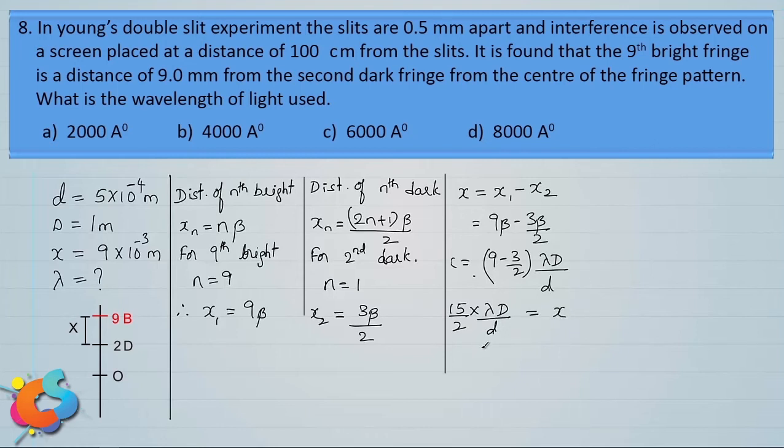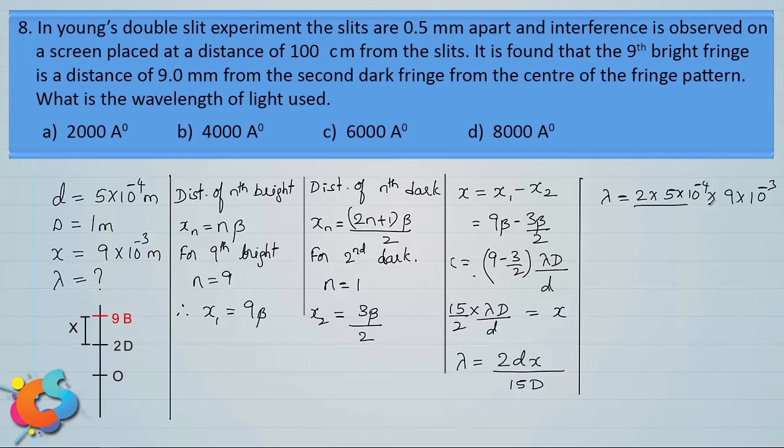Now, let's rearrange the terms to get an expression for the wavelength lambda. Lambda is equal to 2dx divided by 15 into capital D. Now let's substitute the known values. Lambda is equal to 2 into small d, which is 5 into 10 power minus 4, into x, which is 9 into 10 power minus 3, divided by 15 times capital D, which is just 1 meter.